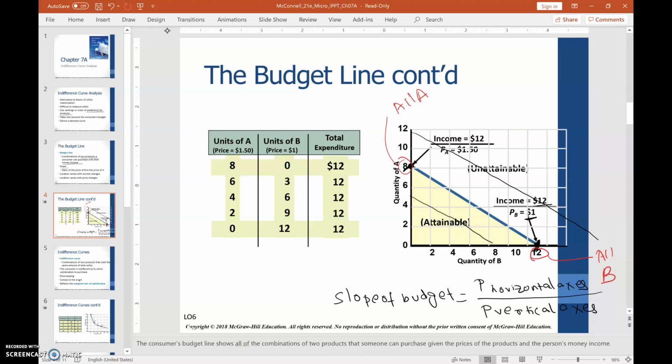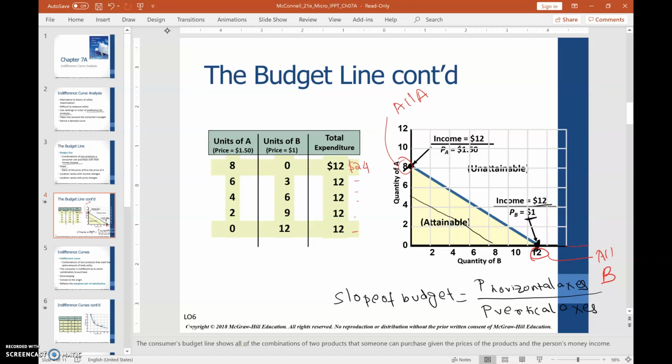Now, what happens if the money income increases, or you can just say that total expenditure increases from 12 to 24? Then the budget line will shift outwards.